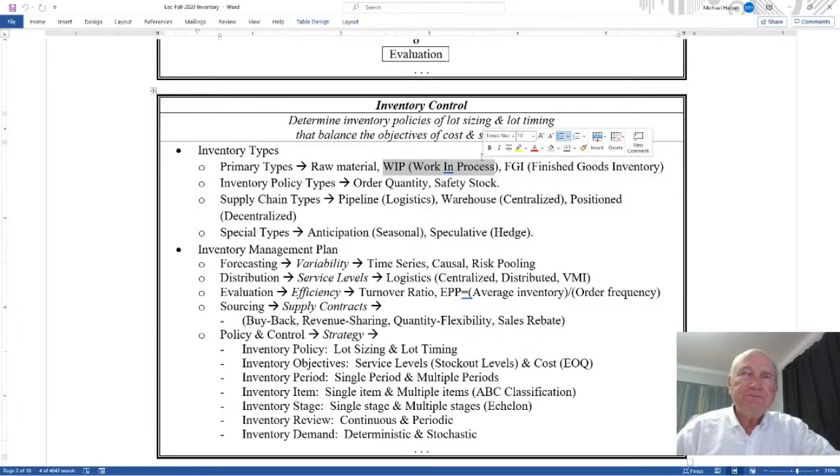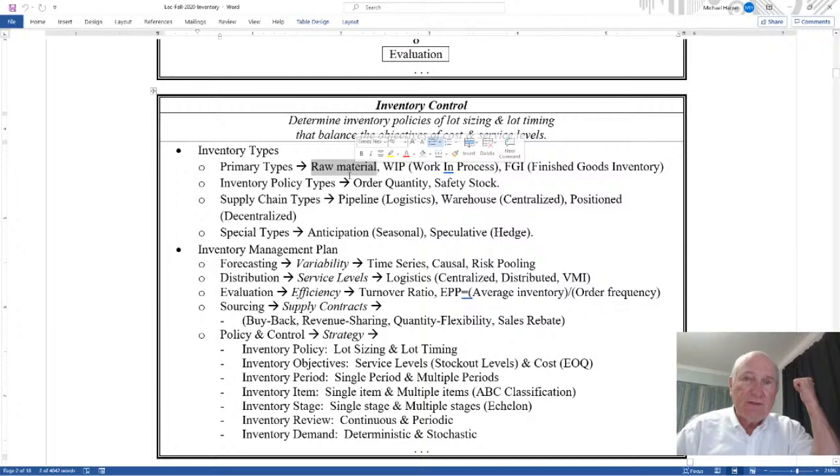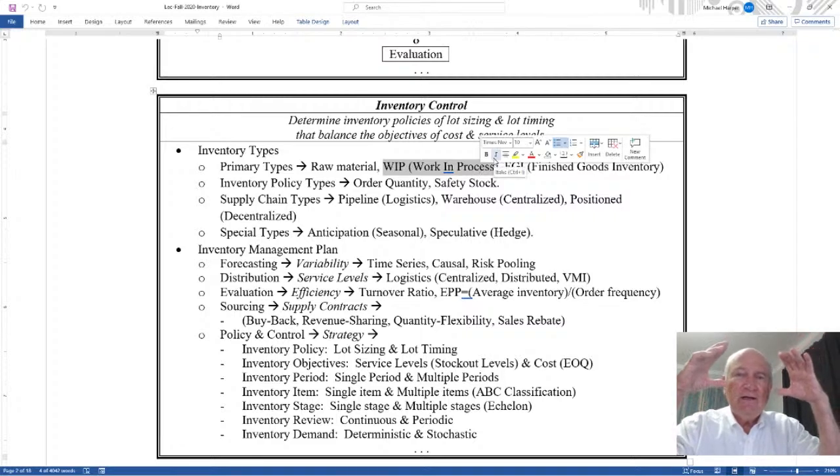And so the raw material here, the amount of that is controlled by upstream sourcing. The finished goods inventory is downstream logistics. The WIP is the efficiency of the production process. When the production process is inefficient, then that WIP increases, and that can be very costly.